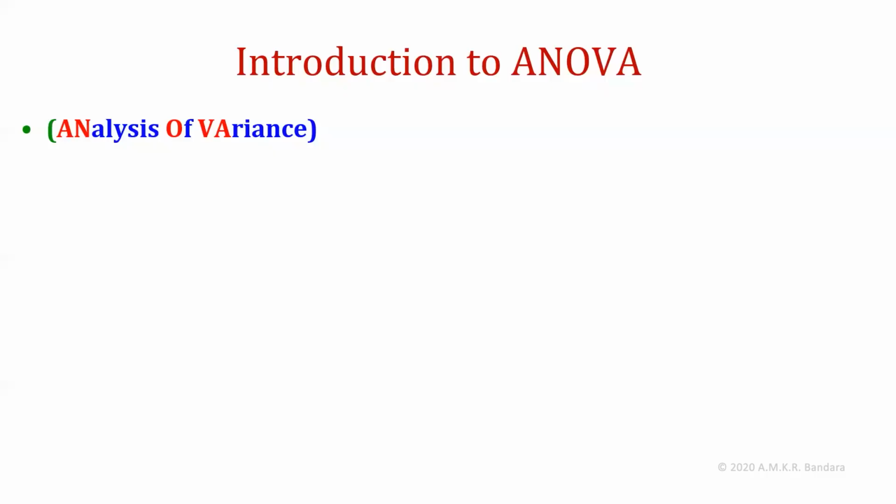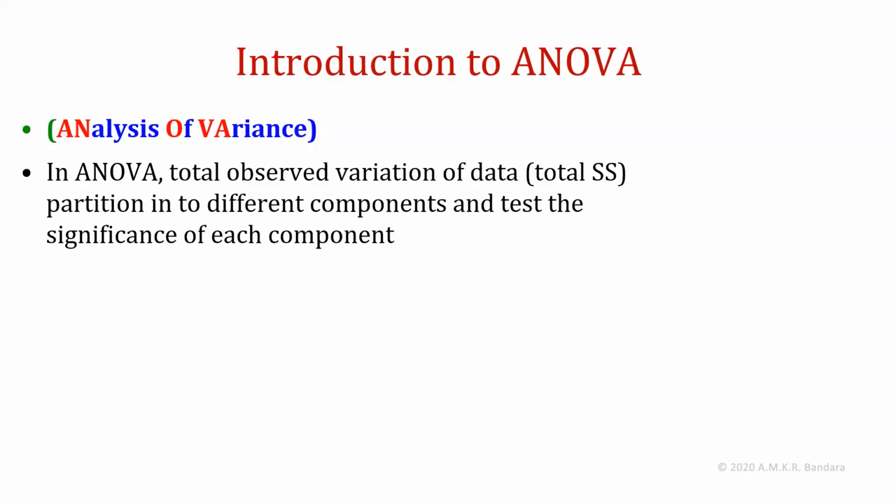Then regarding two samples or two populations, we use the two sample t-test. Here, we want to make conclusions about more than two population means. In that case, we have to use a technique called ANOVA, analysis of variance.